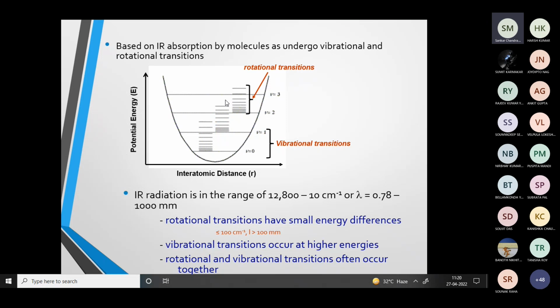Vibrational levels are associated with some rotational and translational levels. Rotation I already told you. If you supply a certain amount of energy initially, first the molecule will translate, second it will rotate, third it will vibrate, and the fourth one is the electronic transition. So each and every vibrational level is associated with rotational levels.